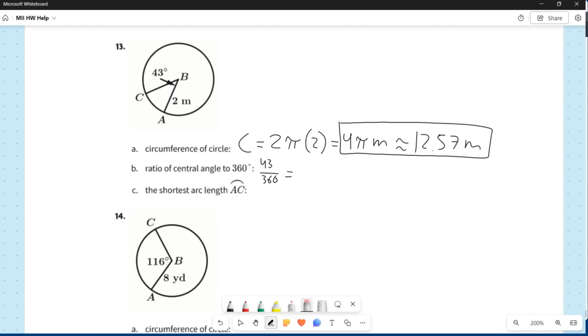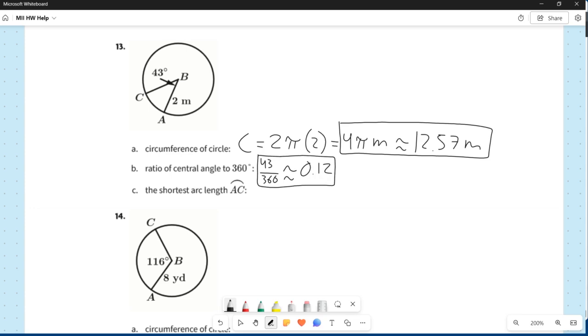So our approximate ratio is approximately 0.12.